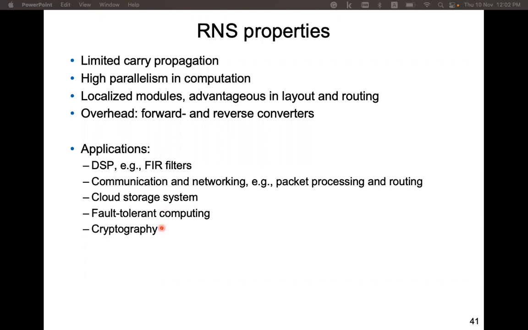And after you get the result, you need to convert it back. That's the overhead, the drawback. The residual number system has found applications in various scenarios, including digital signal processing, such as finite impulse response filters, communication and networking, packet processing, routing, cloud storage systems, fault-tolerant computing, and cryptography.